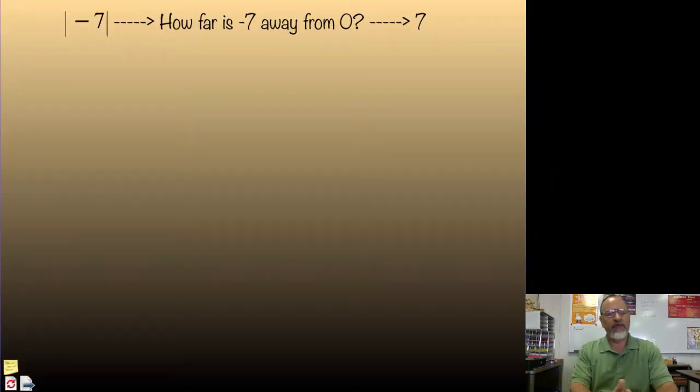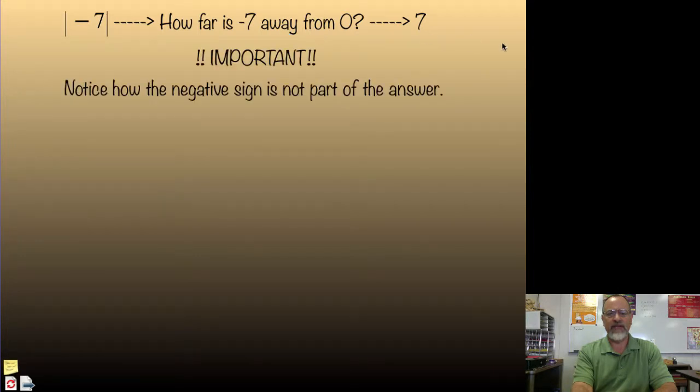The absolute value of negative 7. So the question is, how far is negative 7 away from 0? If I'm standing at 0 and I need to go to negative 7, how far would I have to go? Well, I have to go 7 units. Now again, I want you to notice the negative sign and the absolute value sign are not part of the answer.